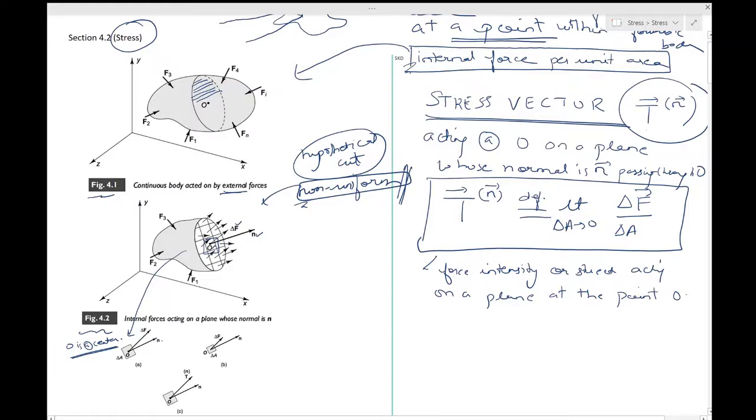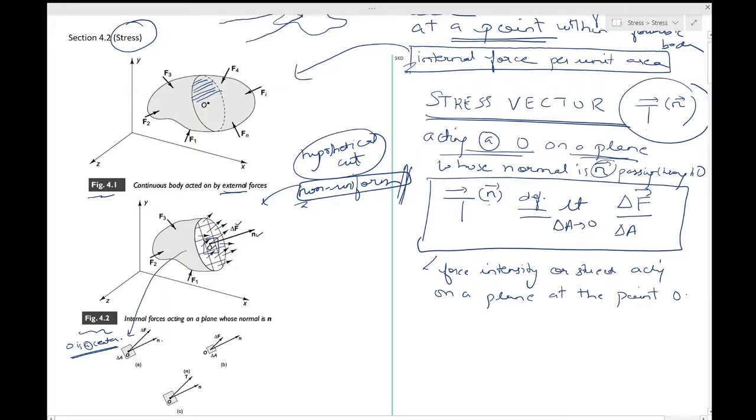O. Now if you carefully read what I have written, at least twice I mention the stress vector acting at this point and on a plane. Both of those two things are necessary: the point at which this acts and the orientation n of the plane which you have used for this definition.